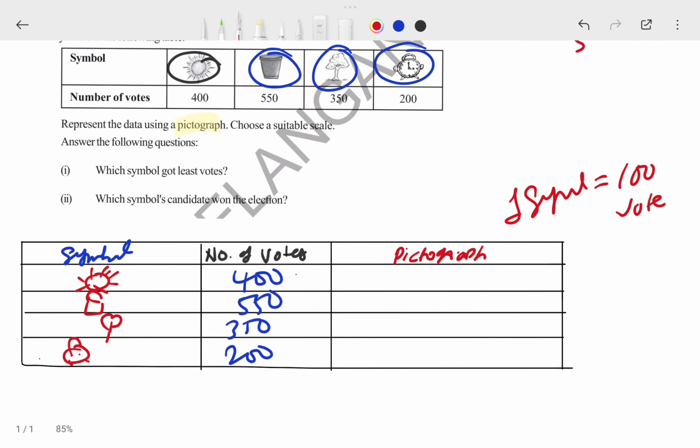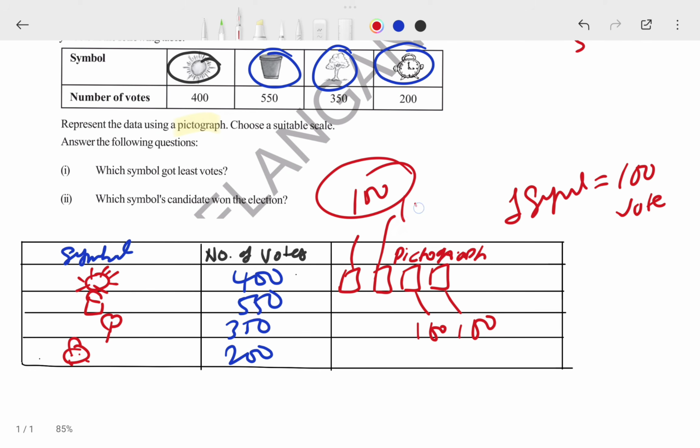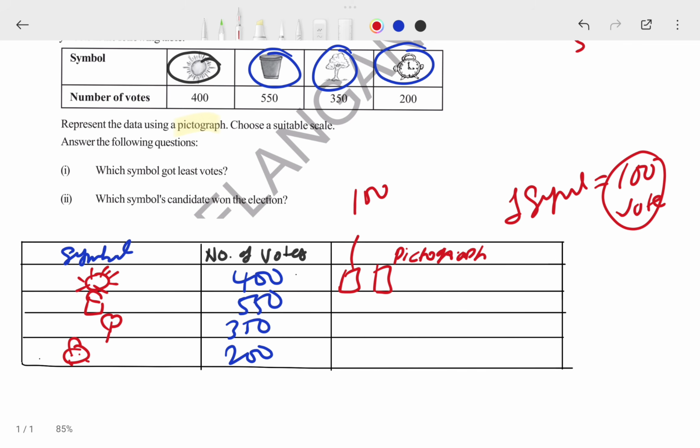Now this is 400: I create 4 symbols, and each one is for 100, so altogether they make 400. Like that we can do it. So generally what I am telling you here is that one symbol is for 100 votes.